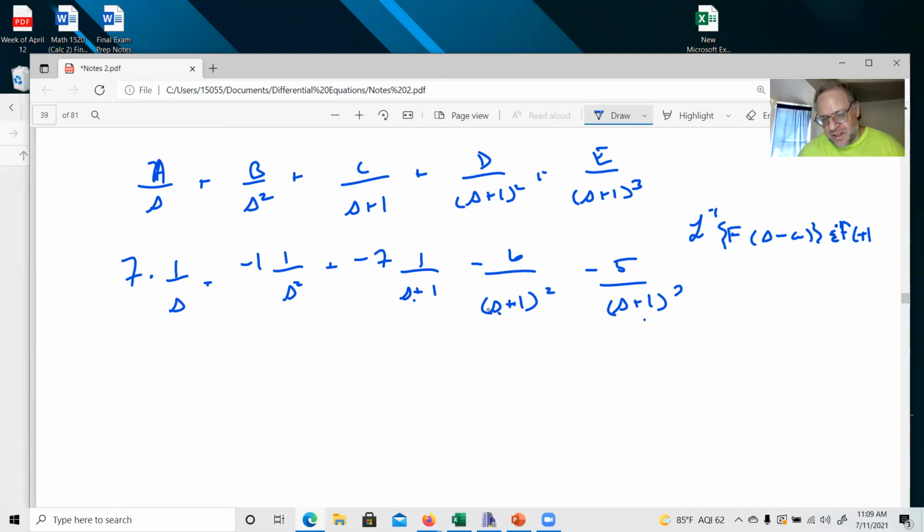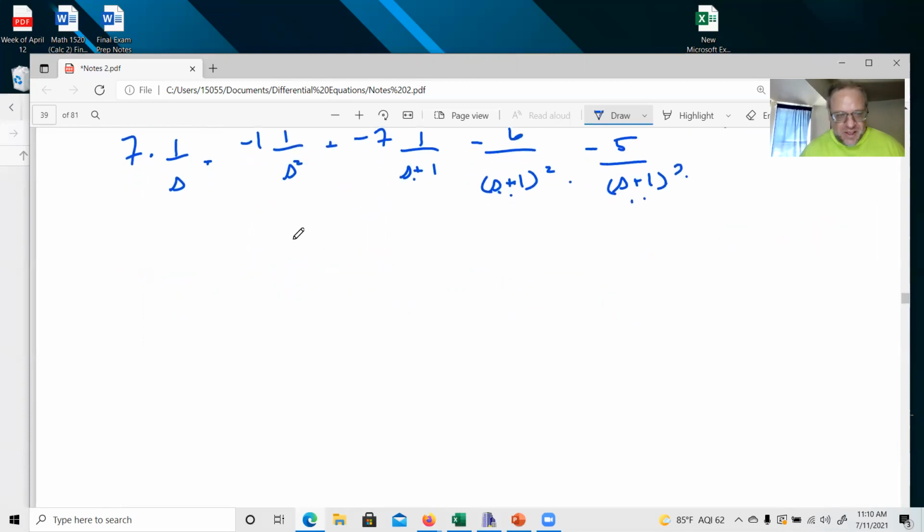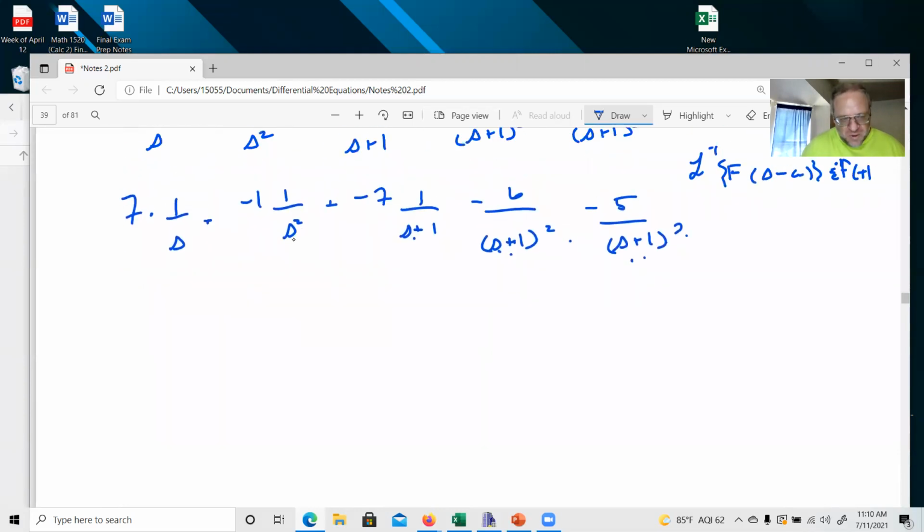And this s plus 1, this s plus 1, this s plus 1, this is just going to be like e to the negative t times the polynomials. So 1 over s, that was just 7, right? S squared, that's going to be minus t, okay? And then minus 7, and then this s plus 1, this is just a constant with e to the negative t here, okay?